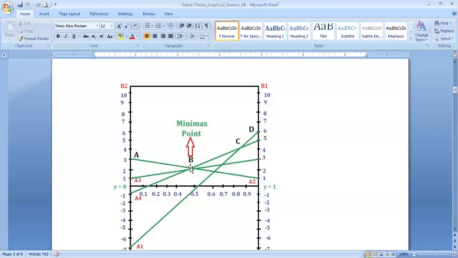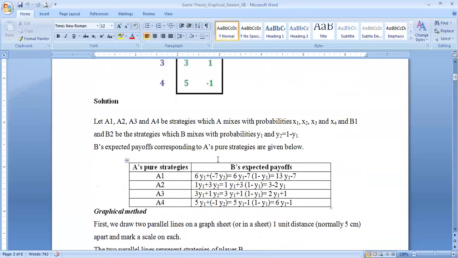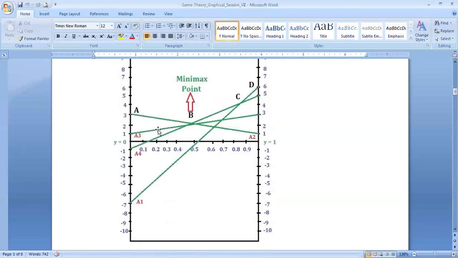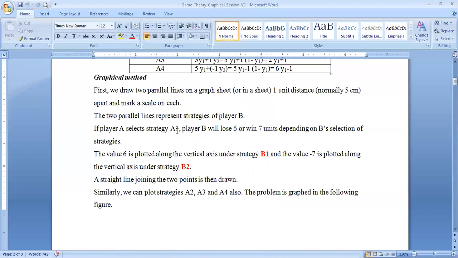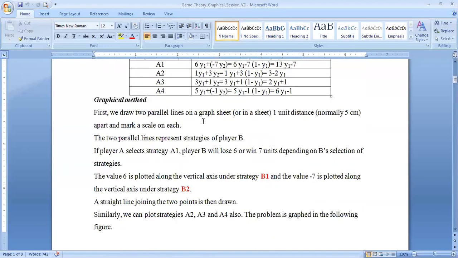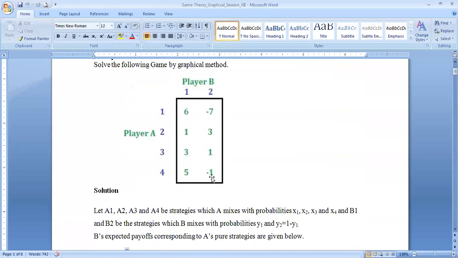Then after finding the minimax point, you see by the intersection of which two lines this minimax point is made, and those two lines and the corresponding two strategies will be taken as a 2 by 2 matrix. So here, by the lines A2 and A4, this point B is intersected. So A2 and A4 are the two strategies to be drawn from the original matrix, which will minimize the loss compared to the others, that is A1 and A3.